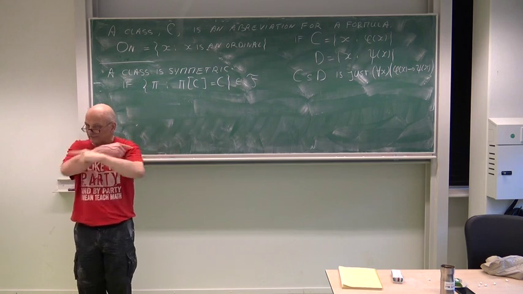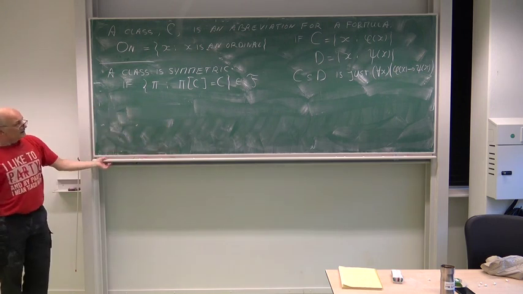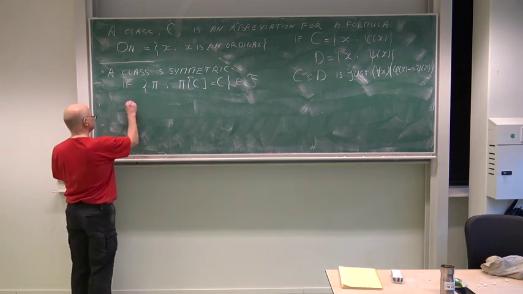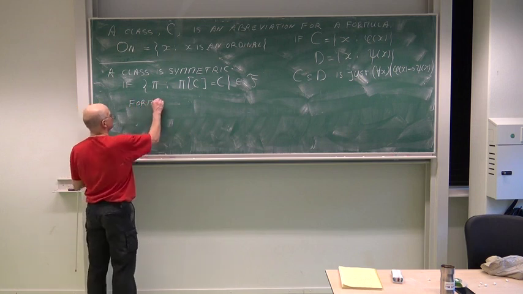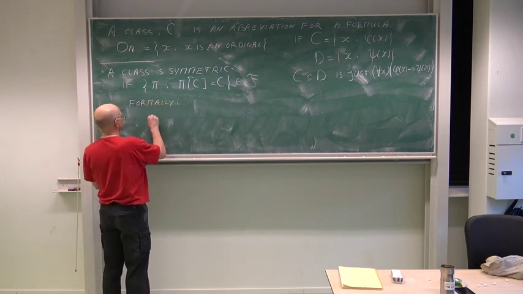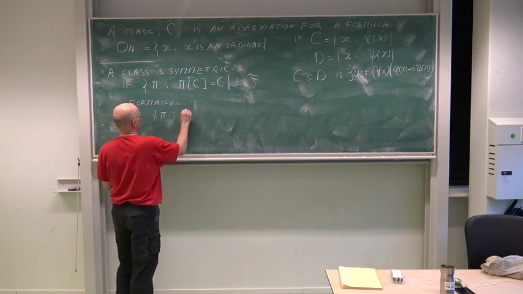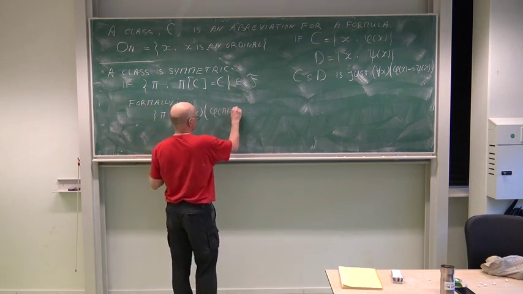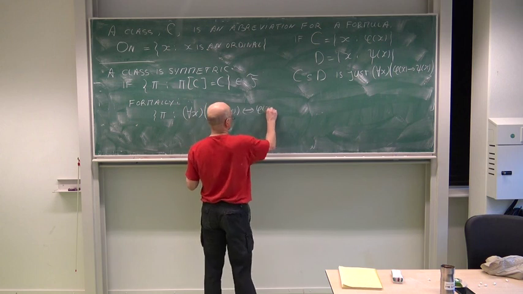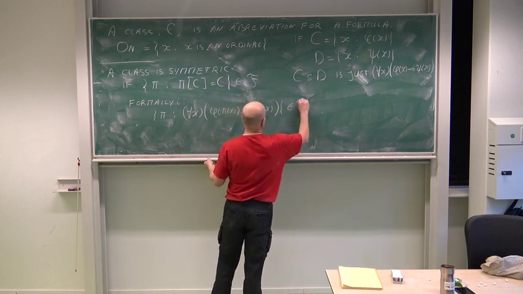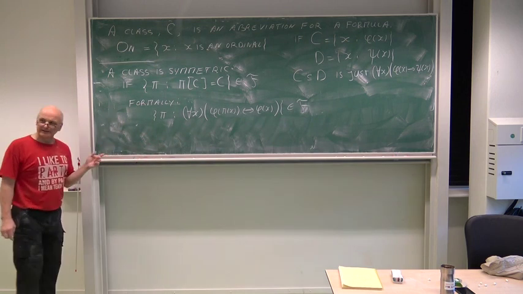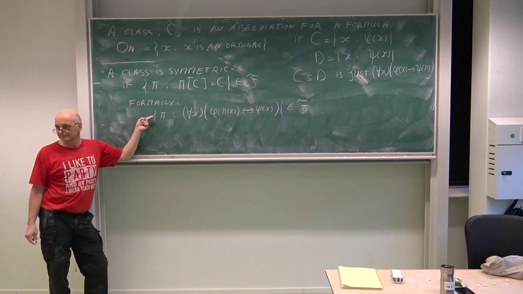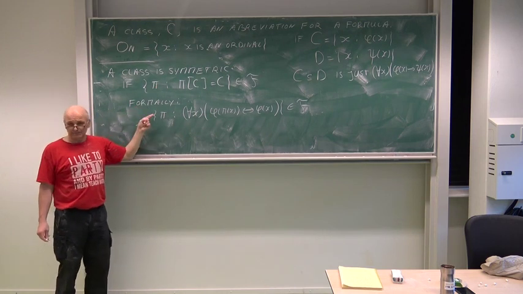It has to be injective, it has to be a bijection between C and itself. Strictly, formally speaking, we want this. This and this basically means the same thing.